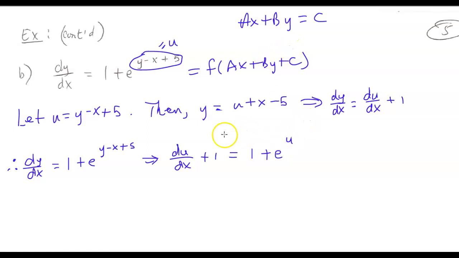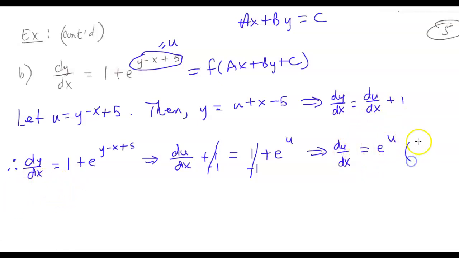And so now from here, we see if we subtract 1 from both sides, these 1s will essentially cancel to 0. And what we have here is du over dx is equal to e raised to the u. And so at this point, you recognize that this is a separable equation, okay?